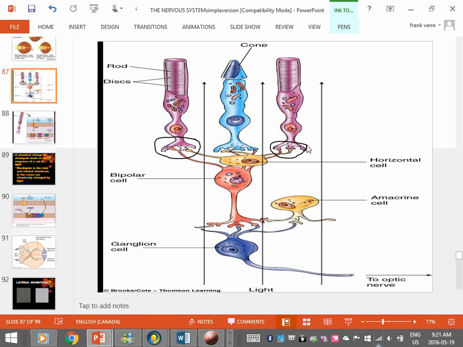What's interesting is that in the dark, the rod cells are firing. They're on. They're releasing glutamate. And the glutamate turns this system off, which makes sense because in the dark, you shouldn't see anything. In the light, the opposite happens. The rod cells turn off.